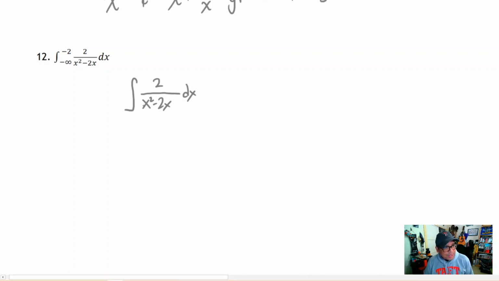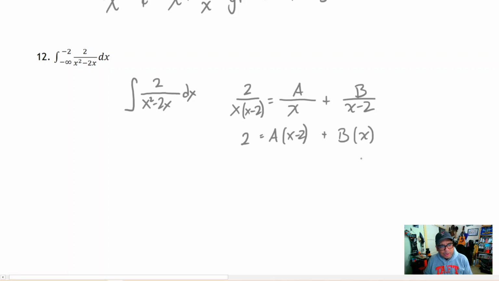It just happens in this case that the technique that's going to be best suited is a partial fraction decomposition. So I'll set up my partial fraction decomposition and do some algebra to figure out how the numerators have to behave to make this equation true.